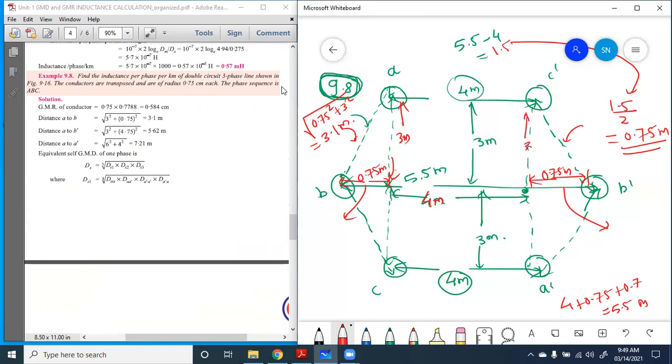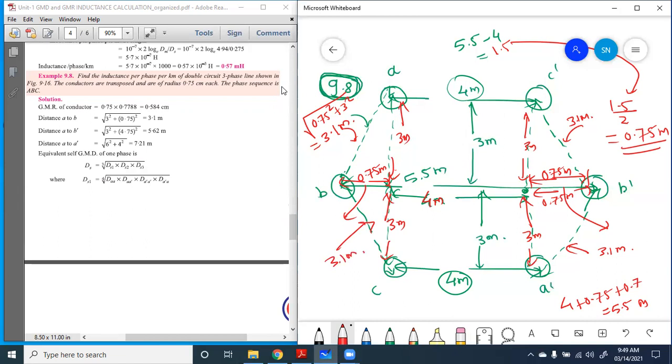This 3 meter and 0.75. This distance is also 3.1 meter according to Pythagoras. Again, this distance becomes 3 meter and this distance also 0.75 meter. Same, again the same distance 3.1 meter. Similarly, this distance becomes 3 meter and this already calculated 0.75, so this distance becomes 3.1 meter.